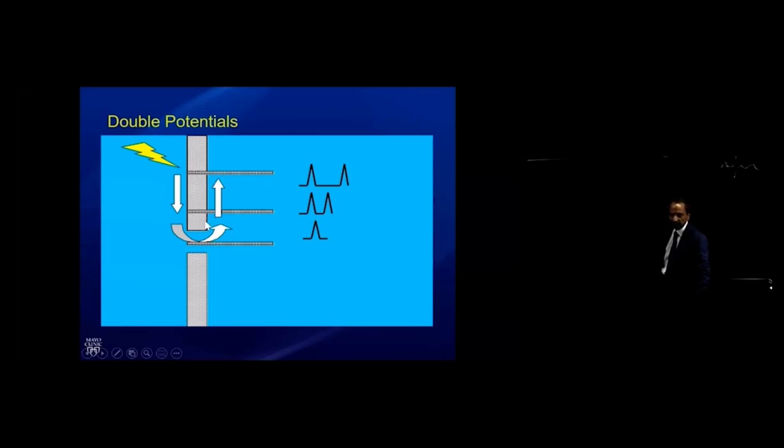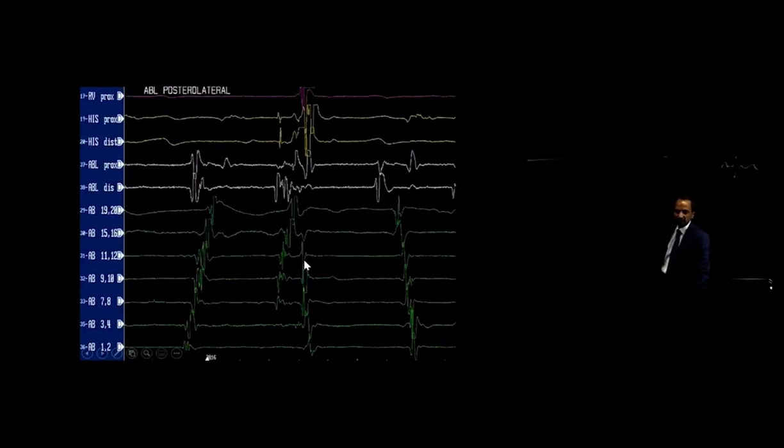On the other hand, if it narrows, it suggests there's still conduction, and at that point where there is conduction, the electrogram might be single or it will be fragmented. We can use the same principle also for free wall flutters, just taking a multi-electrode catheter and sweeping it anterior to posterior. Anterior, you have one wavefront. Posterior to some scar, you have another wavefront.